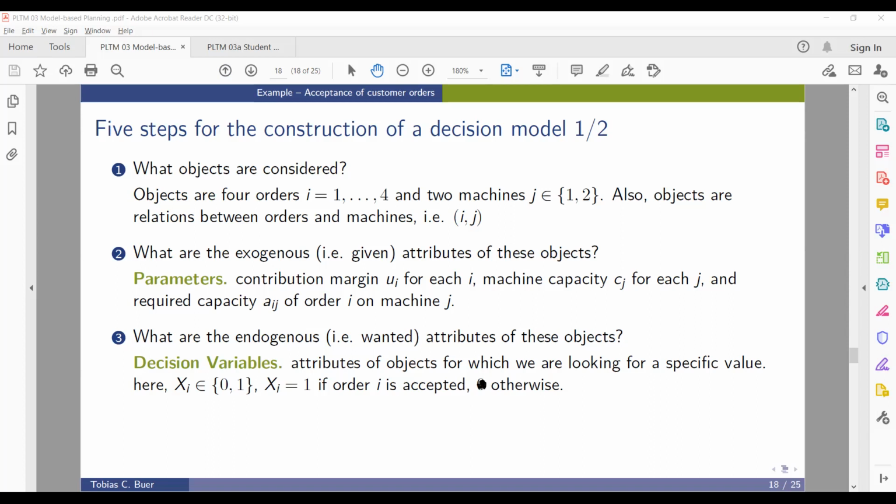I'm not expecting that you are able to build such a model now from scratch and follow these steps. This is not what you should immediately learn, but what you should understand is that we have these steps, what the difference between these steps is, and that you know the difference between parameters and decision variables.